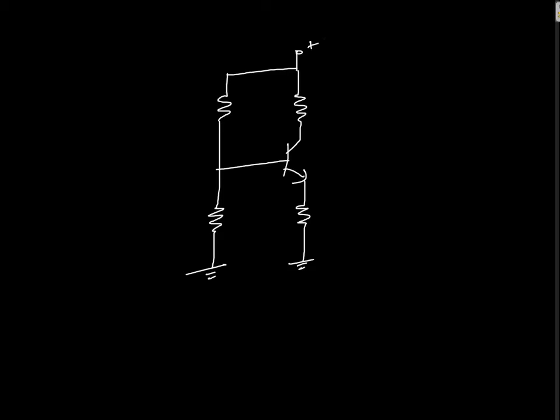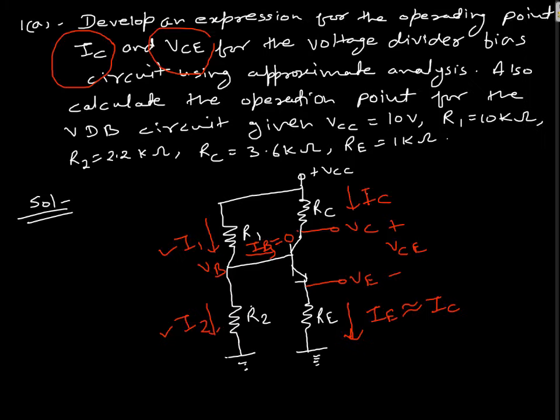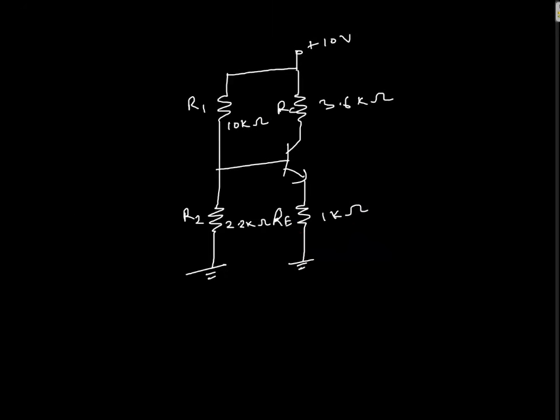This is VCC, which is plus 10 volt, RC is 3.6 kilo ohm, RE is 1 kilo ohm, R1 is 10 kilo ohm, R2 is 2.2 kilo ohm. These are the given. We need to find out the operating point.